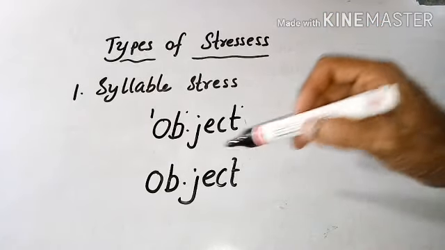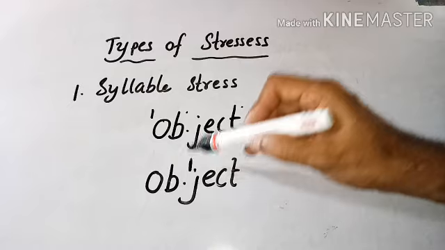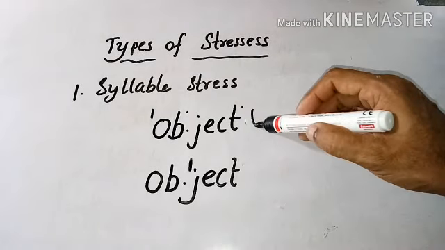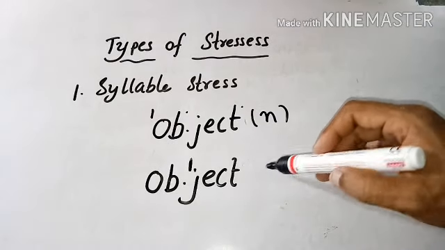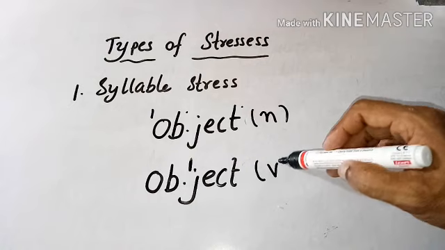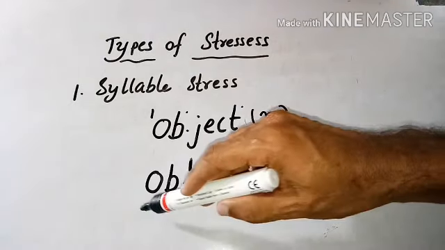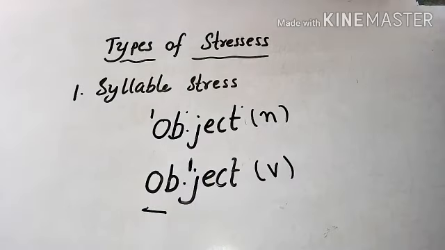If I give more emphasis on the second syllable, that is ject, obJECT, then the meaning changes. This object is a noun, this object is a verb. Objected. See, here the first syllable is almost given less importance. This is what is called a syllable stress in a word.